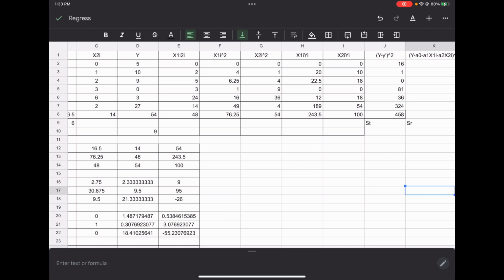Okay, so we have 458 for S sub t. And then for our S sub r, this is a bit longer.